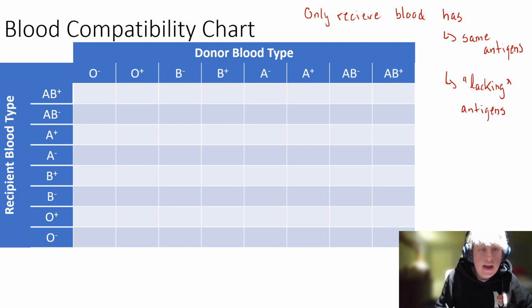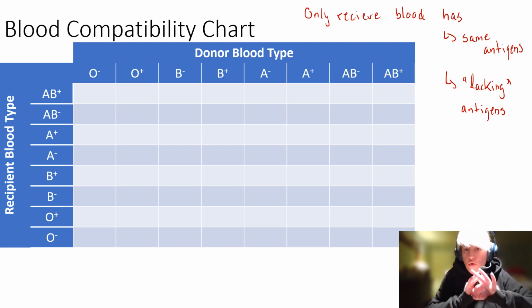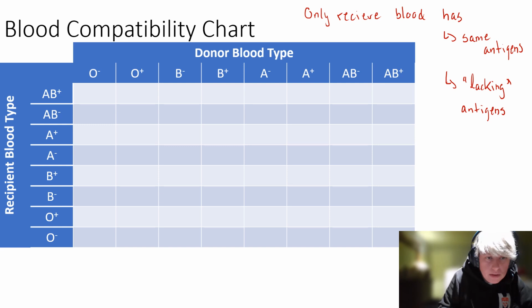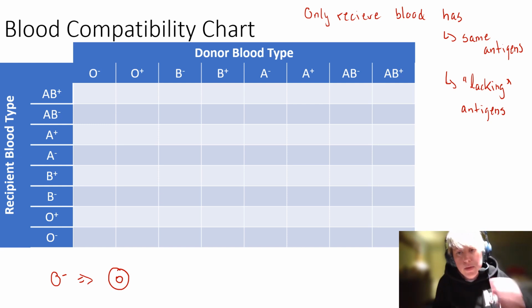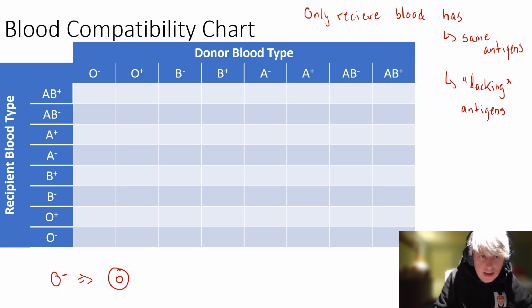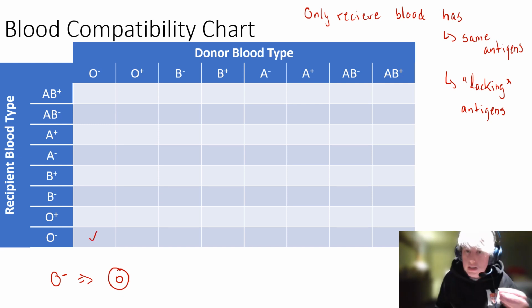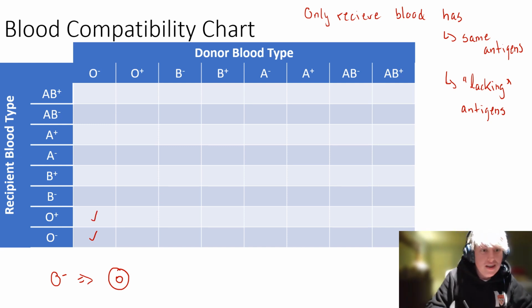If we're looking at O negative, O negative has no blood antigens on it, because O negative blood is basically just a red blood cell with no blood antigens. That means O negative blood can give to, again, your same blood type, O negative, and can be given to O positive because it has no blood antigens on it.